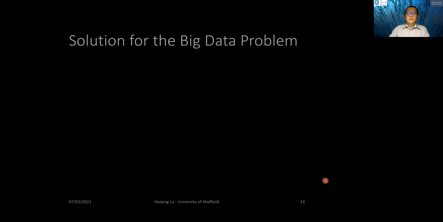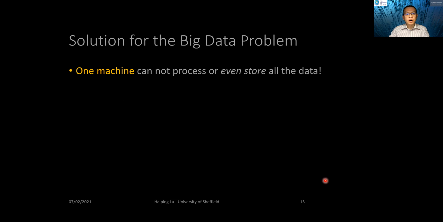Then how do we solve the big data problem? We know that nowadays for big data, one machine cannot process or even store all the data that we want to analyze. Therefore, the solution is to distribute the data over a cluster of machines.